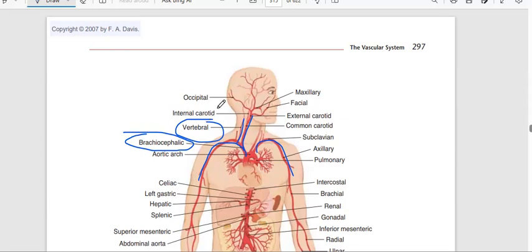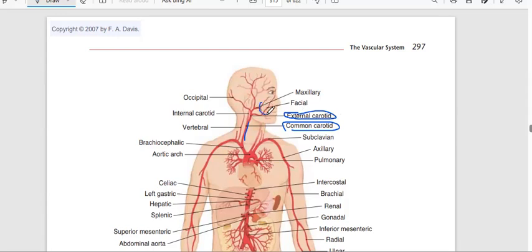Here we have another artery which is going upward. This is called the common carotid artery, and this is the external carotid artery, and it makes branches here.